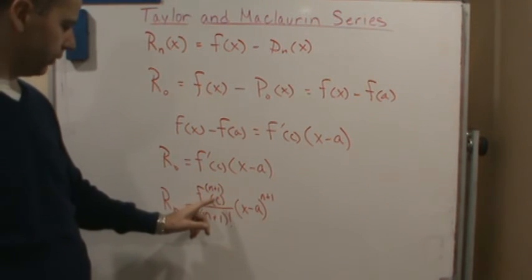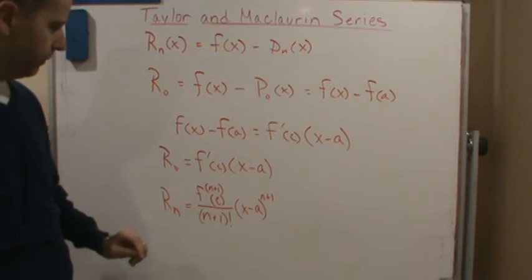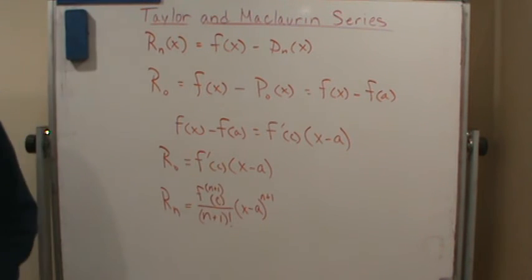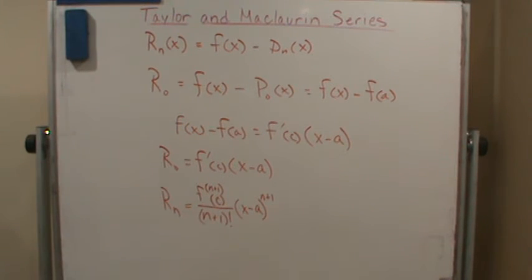So this is f of c, not equal to a, so it's distinct from a. So now this formula allows us to get a bound on the remainder r sub n.